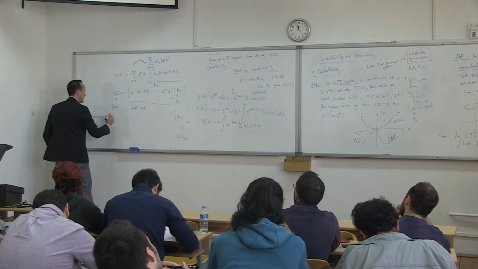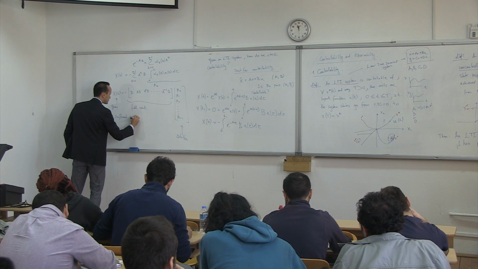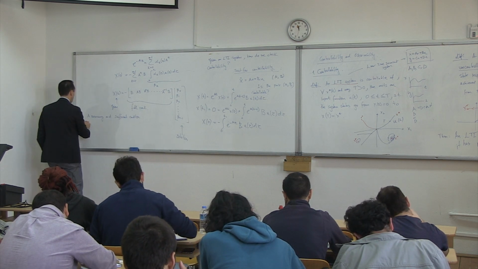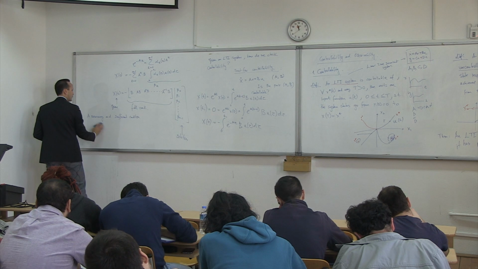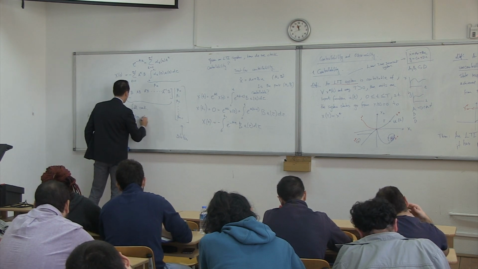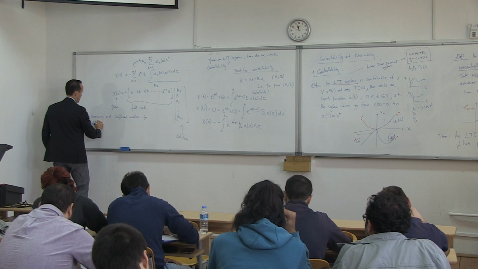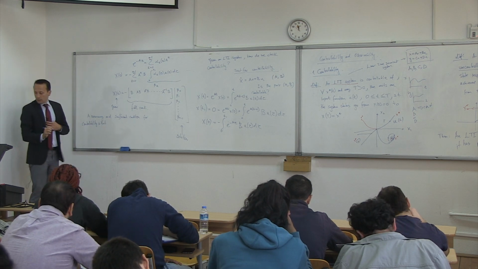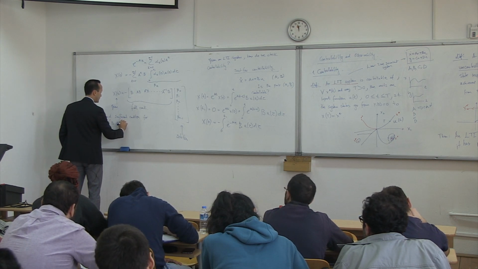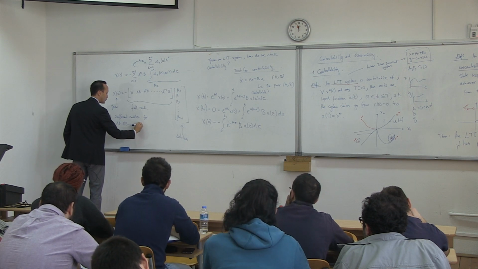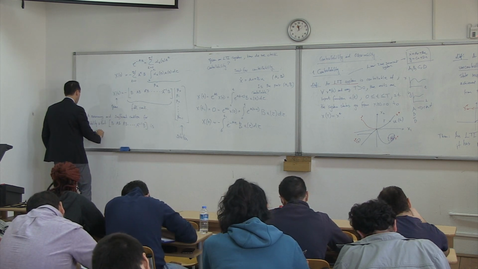Okay? So a necessary and sufficient condition for controllability, let's say, is that the matrix B, AB, A squared B, up to A to the n minus 1 B is full rank.